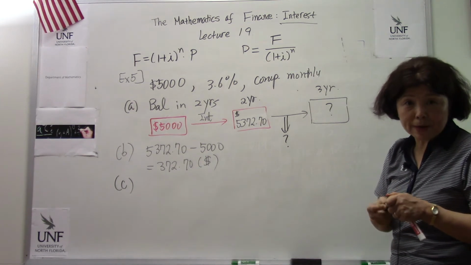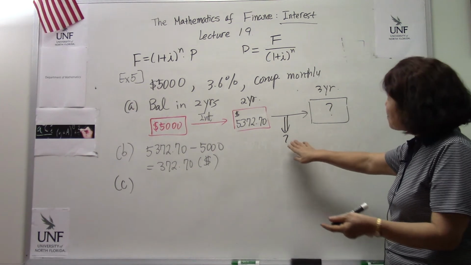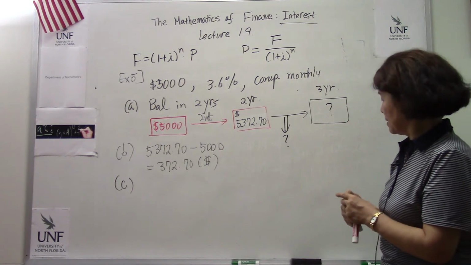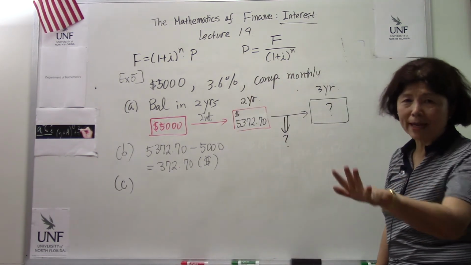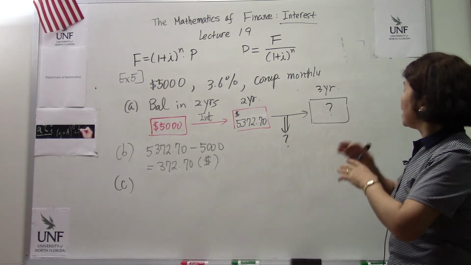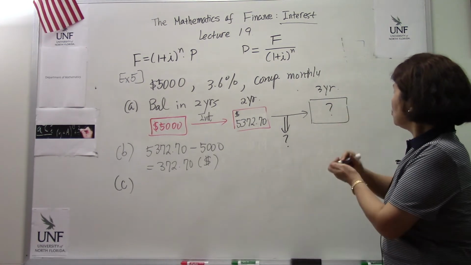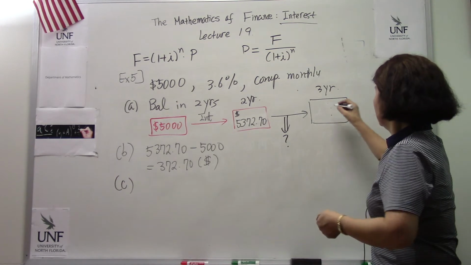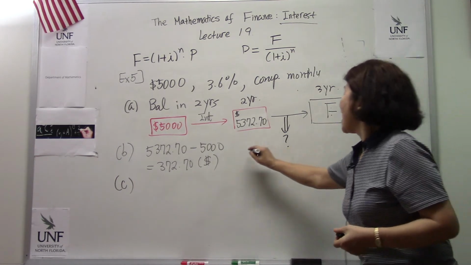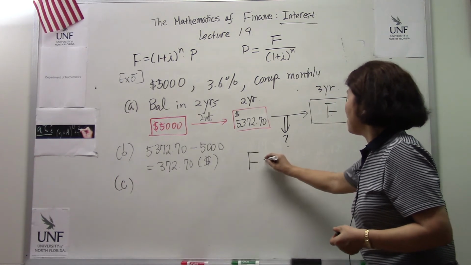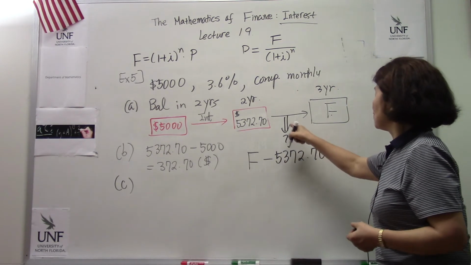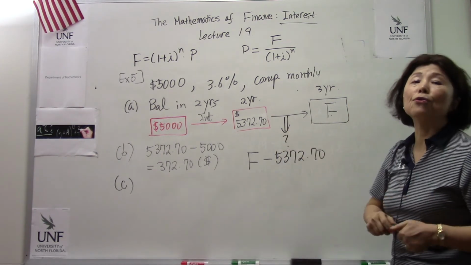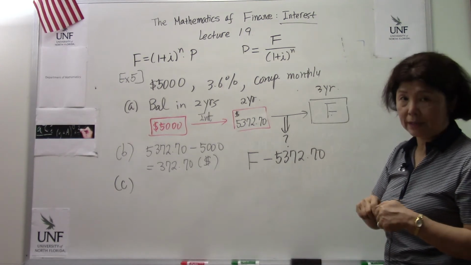There is no formula for finding just the interest directly. So you compute the future value first, and then this future value minus this one is the interest earned during the third year alone.